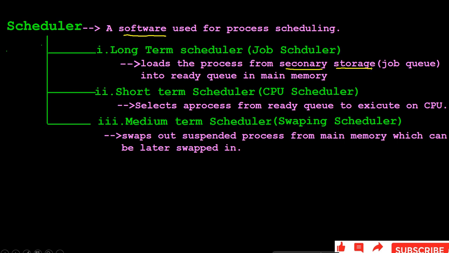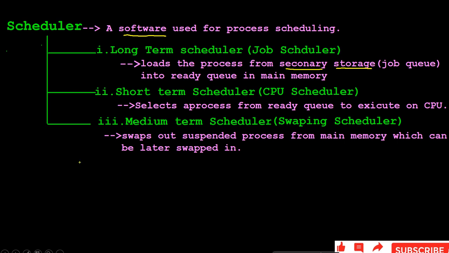Why? Because secondary memory is very slow and main memory is faster. Since CPU is a fast device, it will take the processes from main memory, which is faster. So the long-term scheduler moves the processes from secondary memory into main memory. This is the job of the long-term scheduler. It is also called the job scheduler.